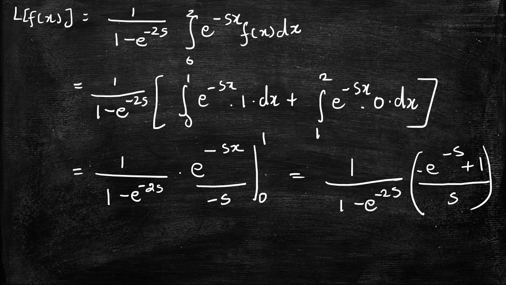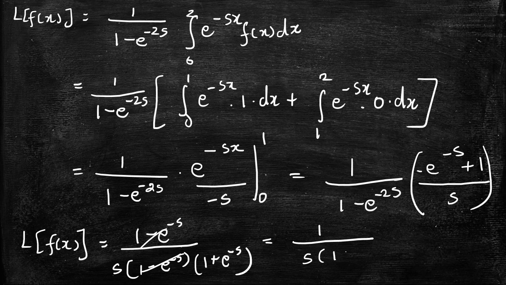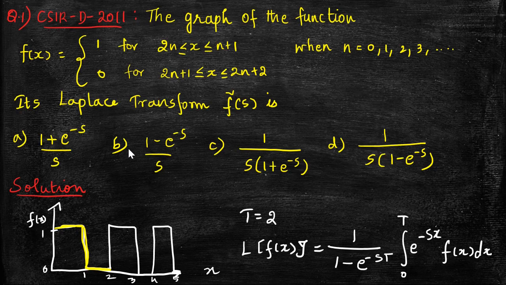So after simplifying, I'm going to just write this function as 1 minus e power minus s divided by s into 1 minus e power minus s 1 plus e power minus s. So on simplifying, I'm going to get this answer to be 1 by s into 1 plus e power minus s. So the option here will be C.